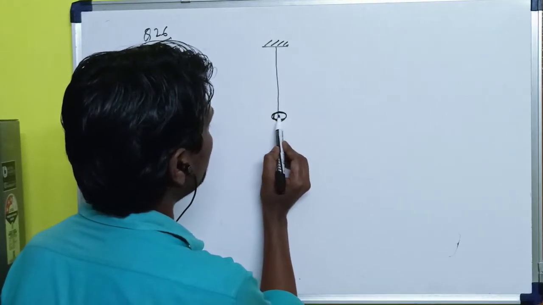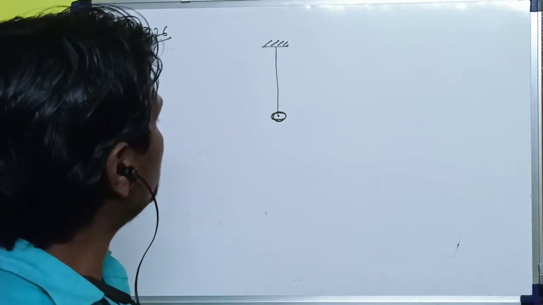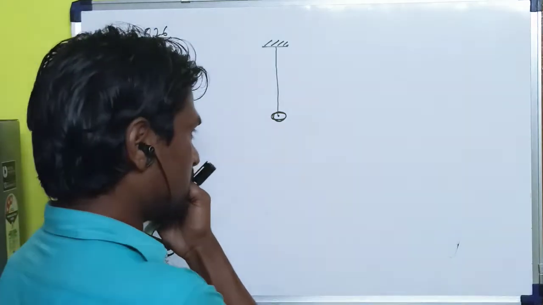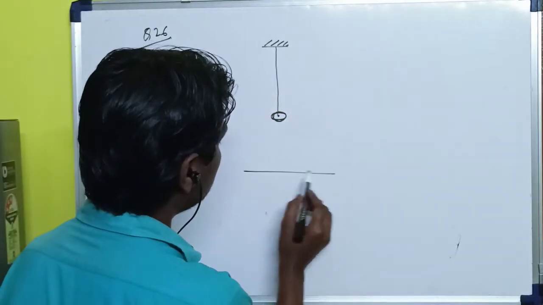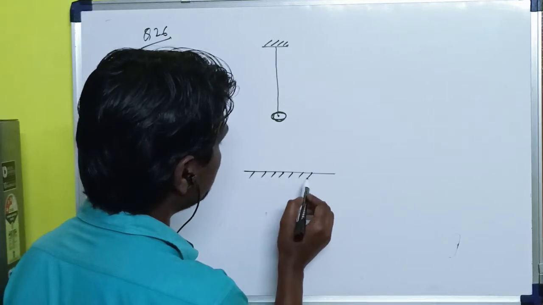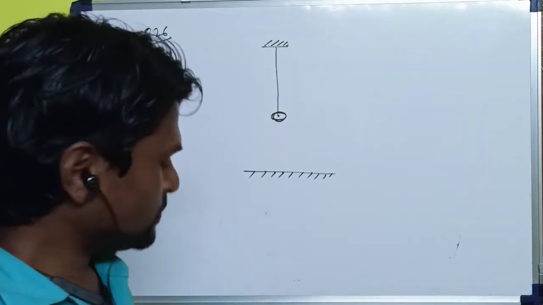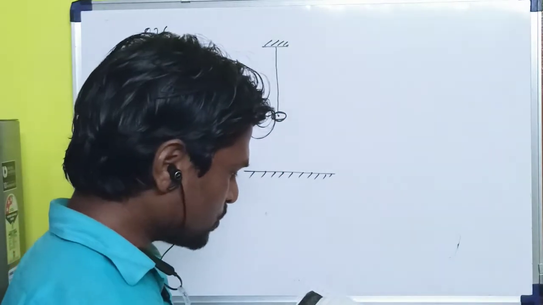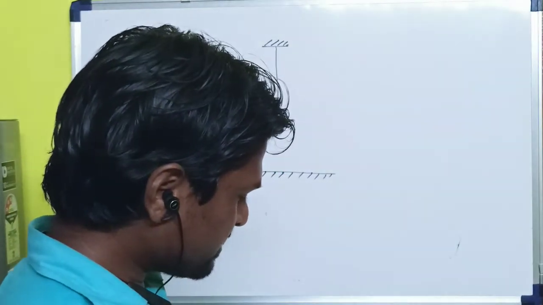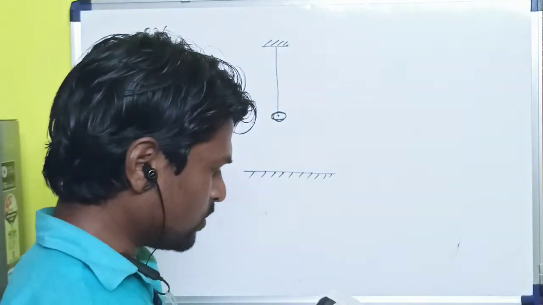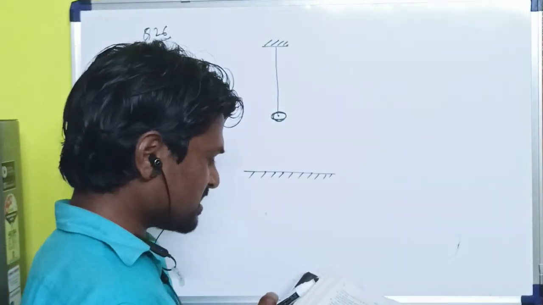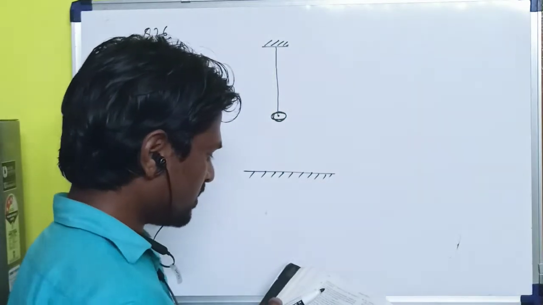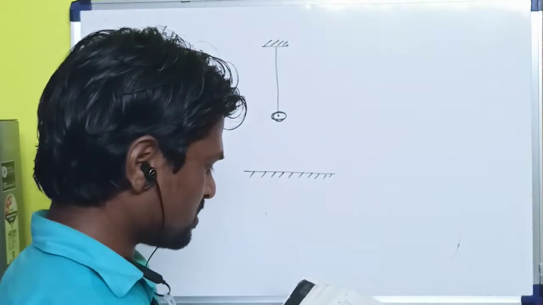This is the pendulum, and this is the bob, and a charge is kept. Where is it kept? Directly below the bob at a separation of 10 cm.